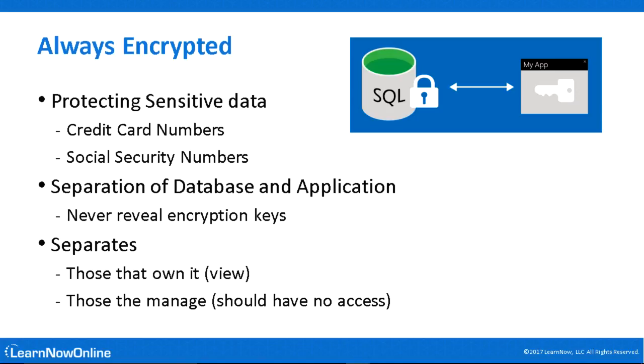Always Encrypted enables customers to confidently store sensitive data outside of their direct control. This allows organizations to encrypt this data at rest and in use for storage in Azure, which makes the cloud implementation more and more available to people because now they know their data can be encrypted.